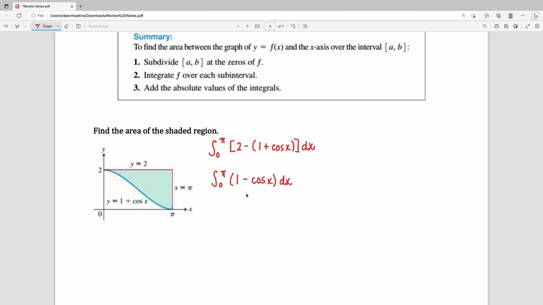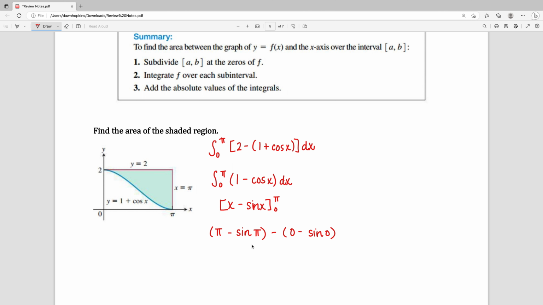We're going to go ahead and integrate this. When you integrate the 1, it simply becomes an x. And we talked about this before. When you integrate cosine x, you're going to get sine x. And we're going to evaluate these at pi and at 0. So at pi, we have pi minus sine pi, then 0 minus sine of 0.